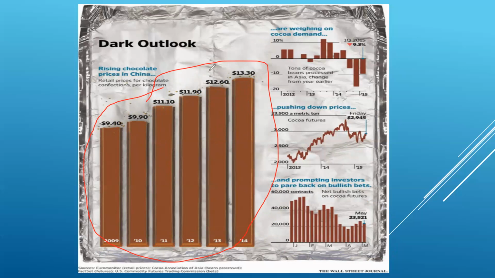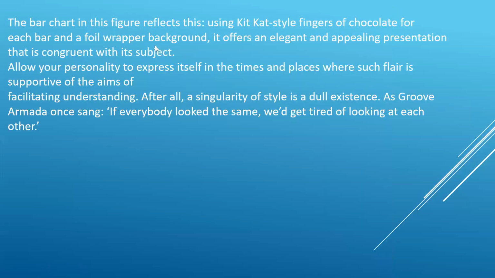First of all, they even called it a dark outlook, and they used chocolate bars to represent the increase and the going up of the prices of chocolate in China at that period. And as I said, the bar chart in this figure reflects using Kit Kat style fingers, so chocolate for each bar, and a foil wrapper background.